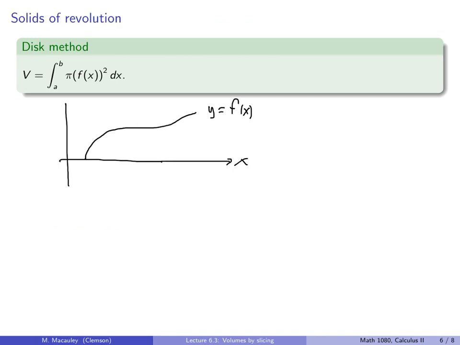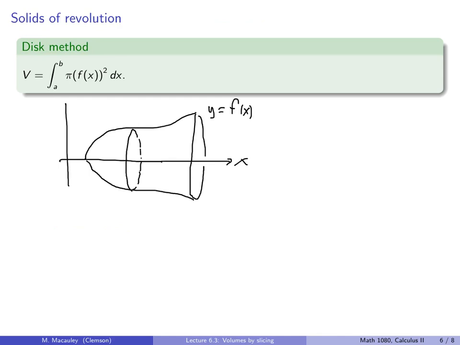So we are revolving this about the x-axis, and we get some solid that looks like this, and we want to find its volume.